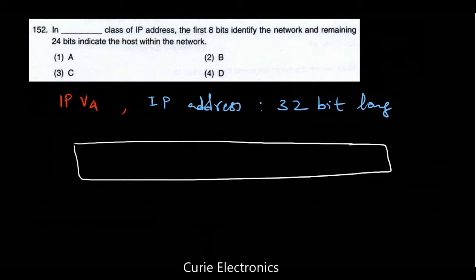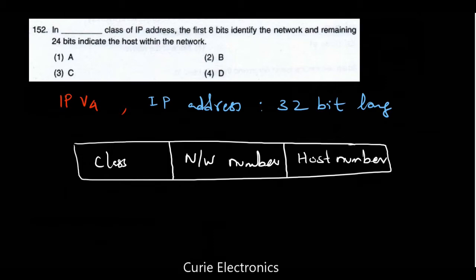How can we split it? There is the class, which class it belongs to, then the network number. All networks connected to the internet should have a network number. Then the host number, which are the computers connected to that particular network.